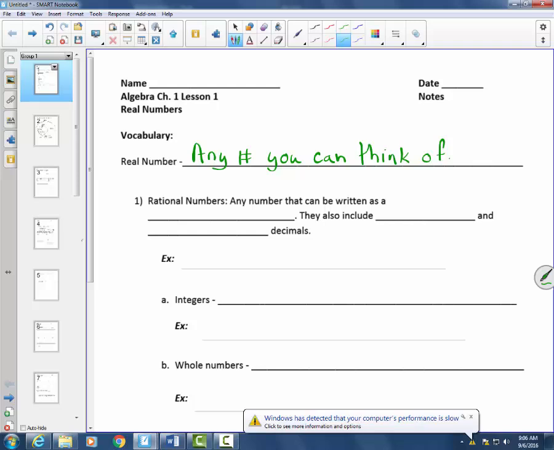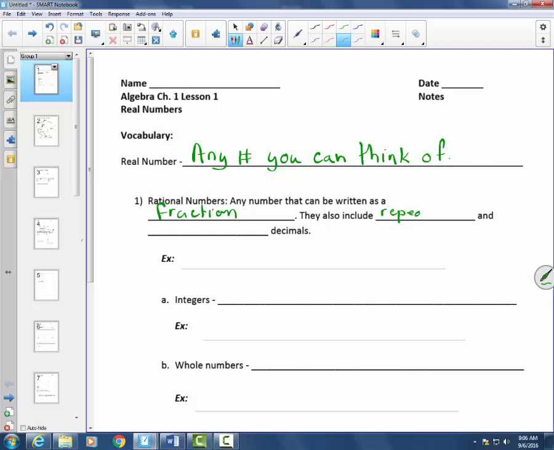So our first group is something called rational numbers. A rational number is any number that can be written as a fraction. They also include repeating and terminating decimals.